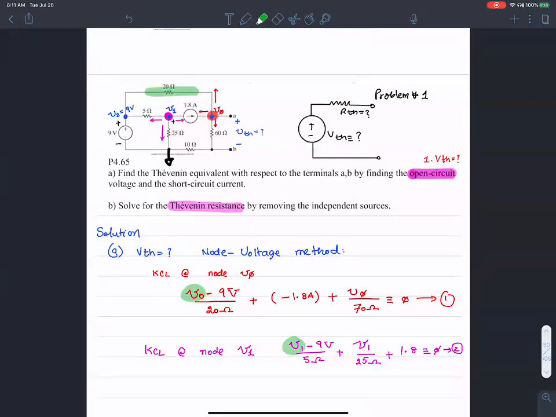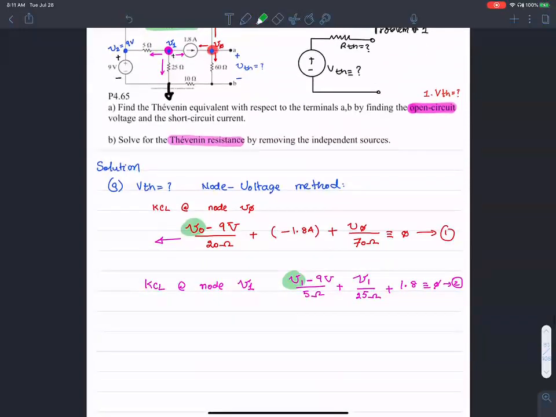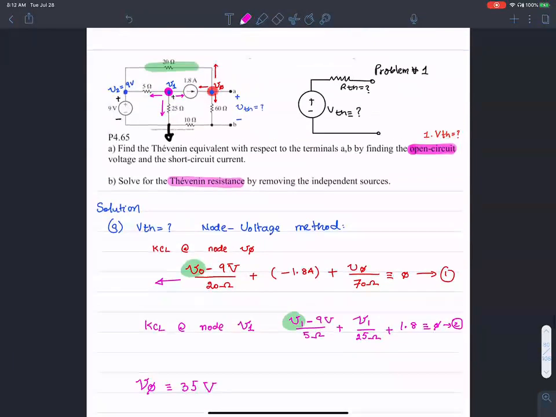If you do that, from this equation here, you'll get a value of V0 to be 35 volts.